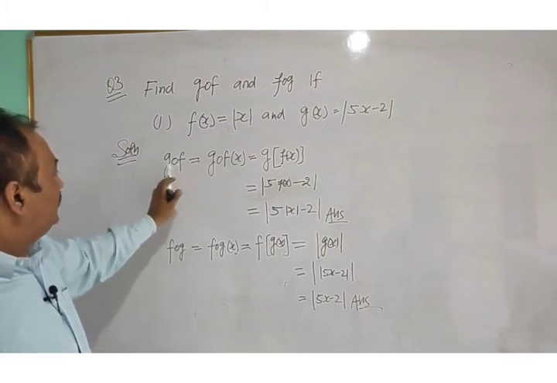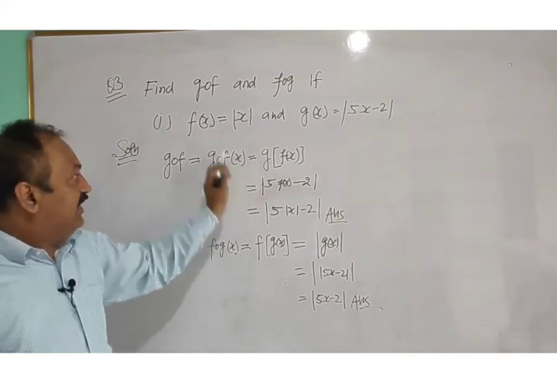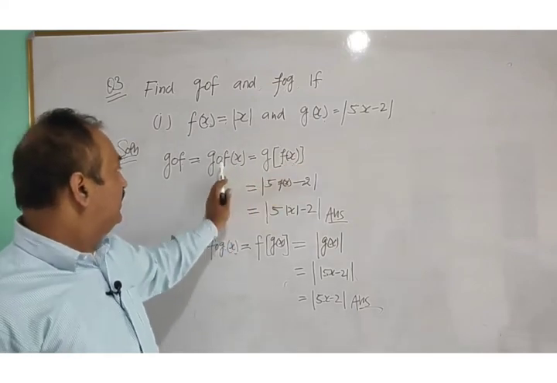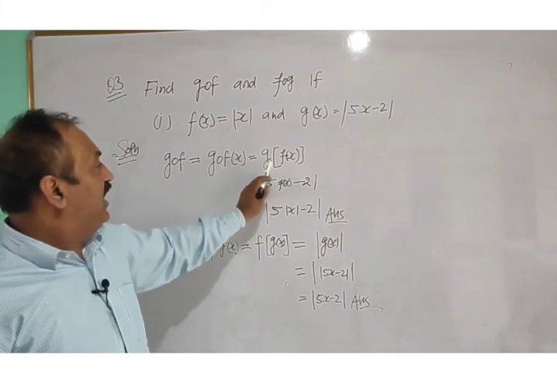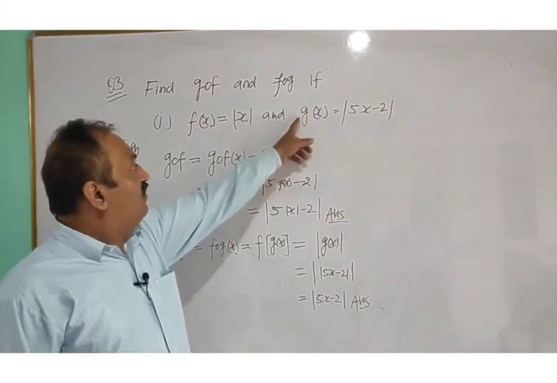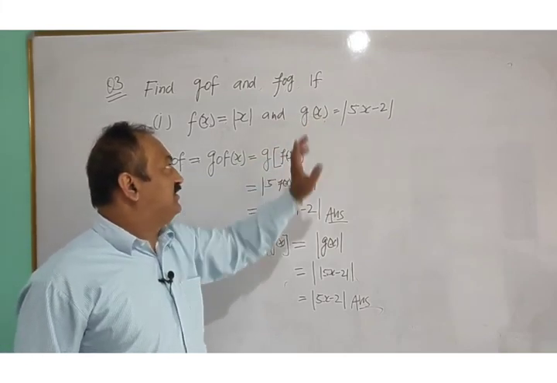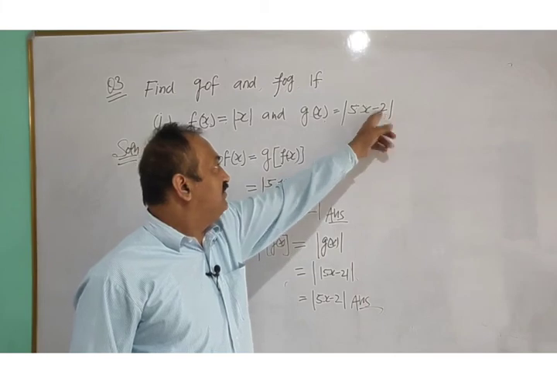Two methods to write gof. gof(x) is equal to g of f(x). Deleting the sign o, we get g of f(x). Now in the function g(x), changing x into f(x), we get modulus of (5 into f(x) minus 2).